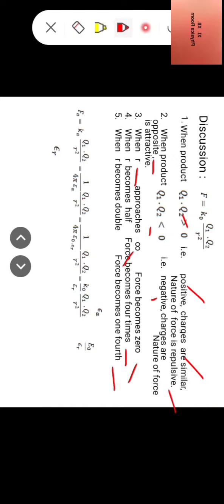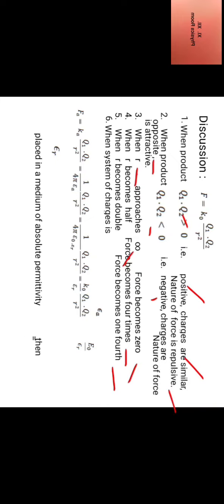Now sixth point, when a system of charges is placed in a medium of absolute permittivity epsilon A, then Fa is equal to Ka Q1 Q2 by R square.